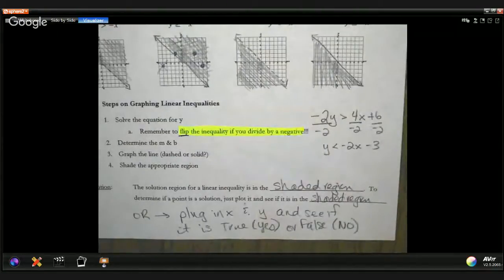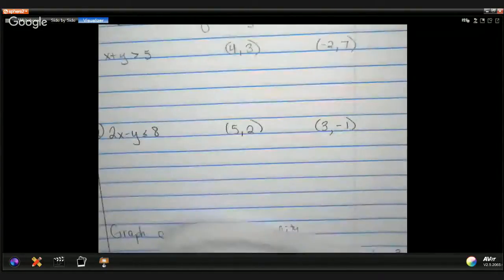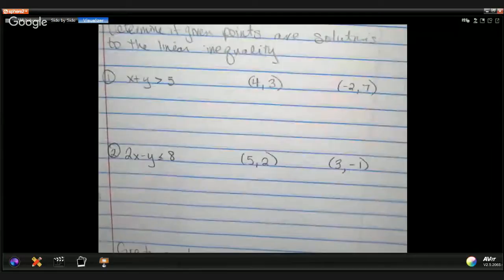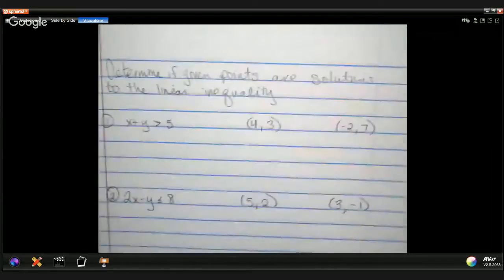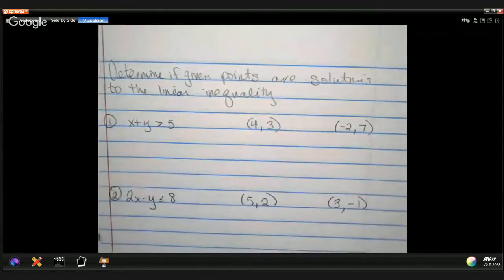Okay, so we have 2 problems like that to do, and these are actually number 1 and 2, so that's why I said we were going backwards. Give you a second to copy these down, and then I'll go over them. If you think that you know how to do it, go ahead and try it now, plugging in the x and y and seeing if it's true or false.